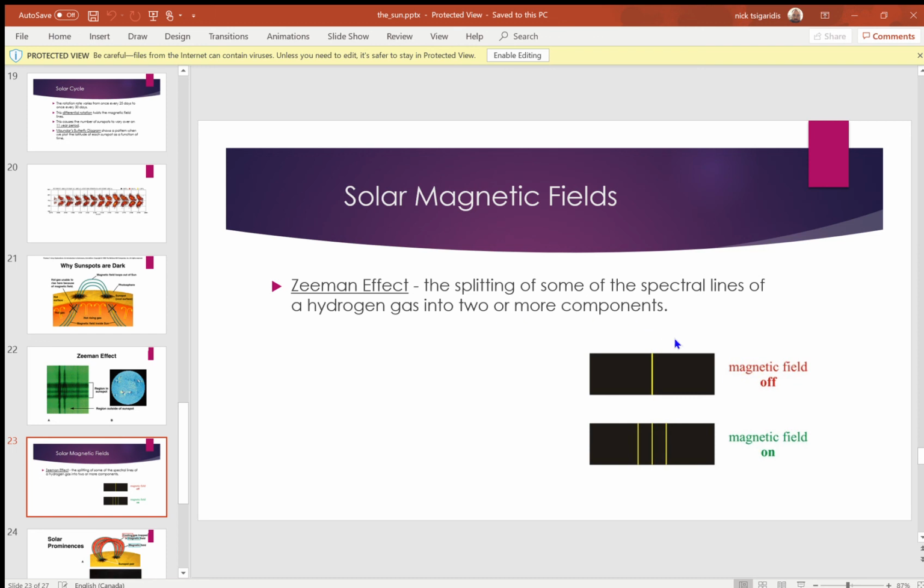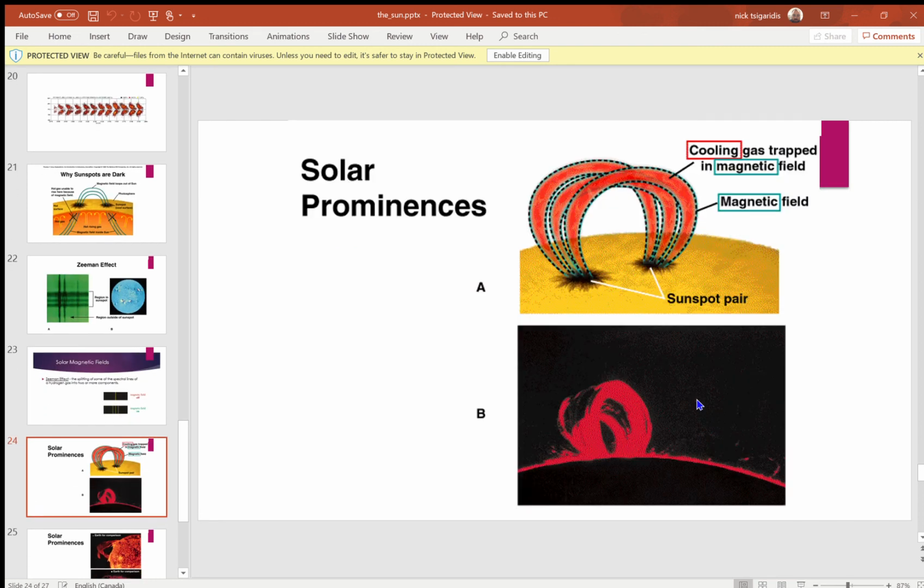And so when there is no magnetic field present, you end up getting a single spectral line. But when the magnetic field is present, it actually takes that single spectral line and splits it into multiple spectral lines. And so that's a good way of telling whether there's a sunspot present or not. We look at the spectral lines and whether they've split or not.